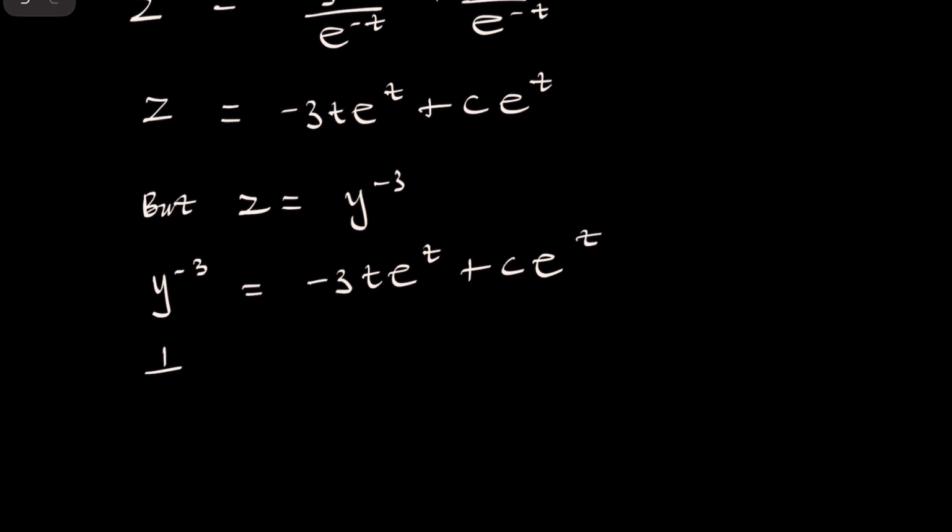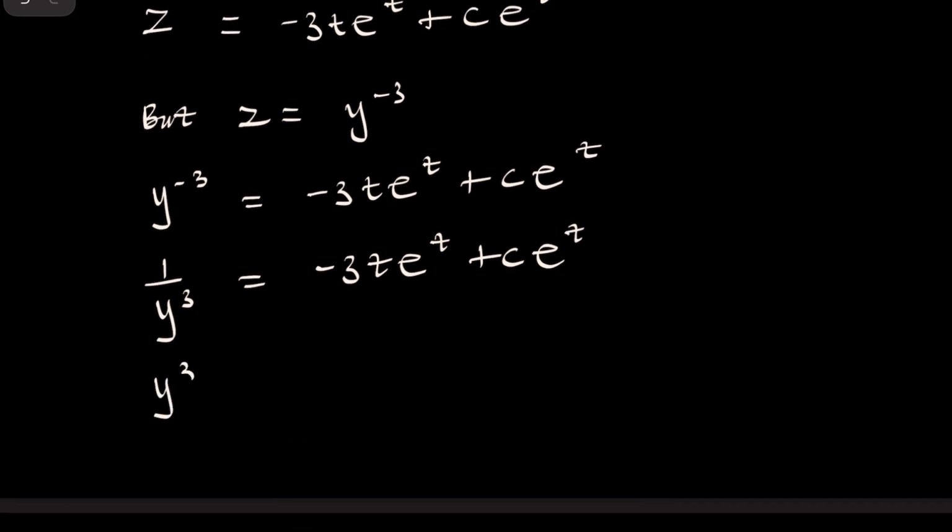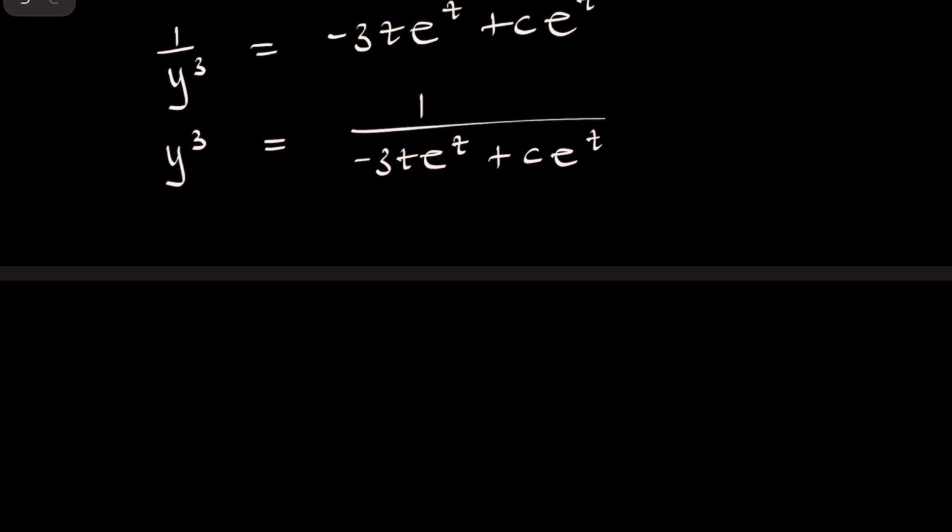We can simplify this to get 1 on y^3 equal to minus 3t e^t plus c e^t. Thus, y^3 is giving us 1 on minus 3t e^t plus c e^t. This question was an IVP. We need to find the constant of integration. So we have the initial condition y of 0 equal to 2.